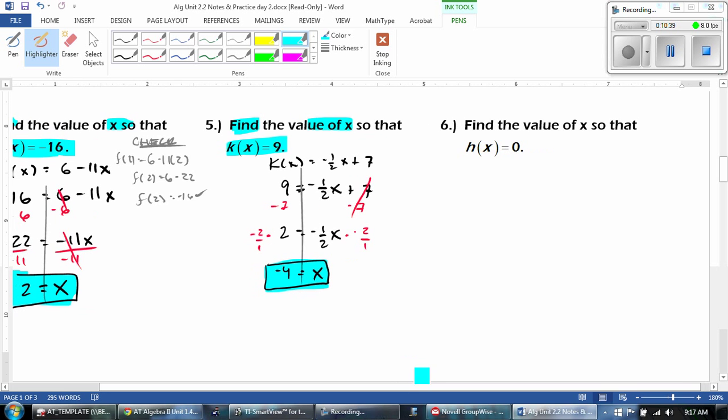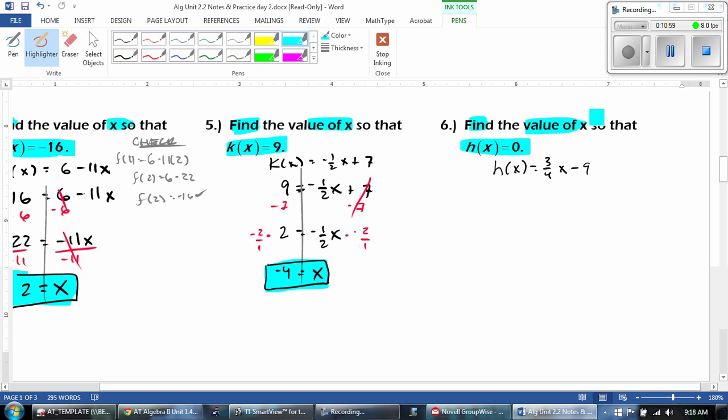All right, number 6. Once again, for number 6, you are all on your own. Remember that you're using the function h of x, which is 3/4 x minus 9. Remember, you're finding x.